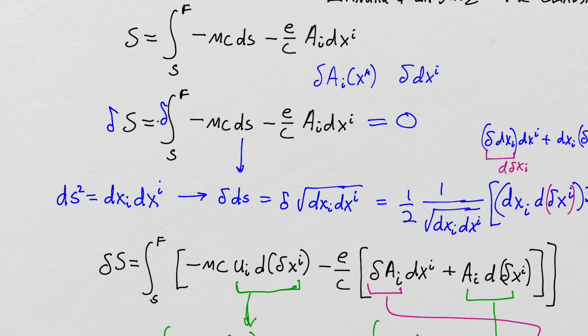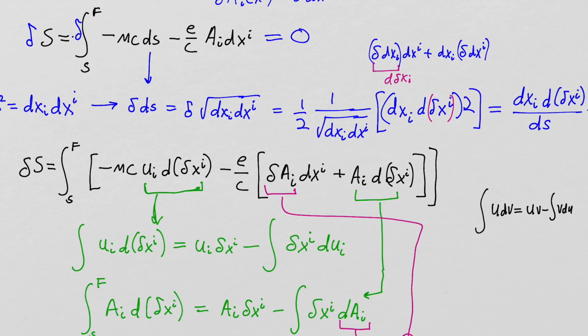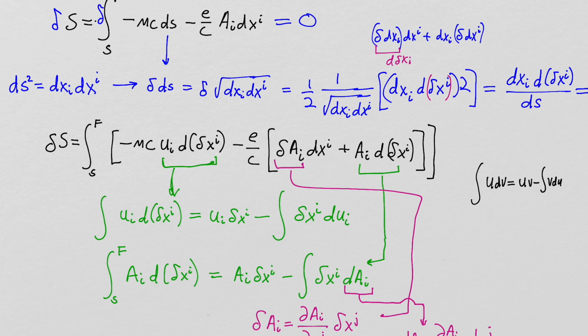This is a differential, and except for the fact that you can't integrate in it, it works like a normal differential. The variation acts like a normal differential. So this piece becomes the variation of the field times the differential of the path plus the field times the differential of the variation of the path. So now we have blown this term up using the product rule.